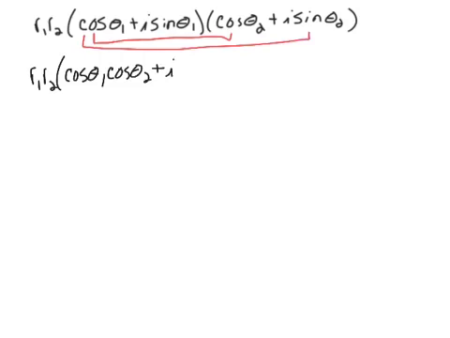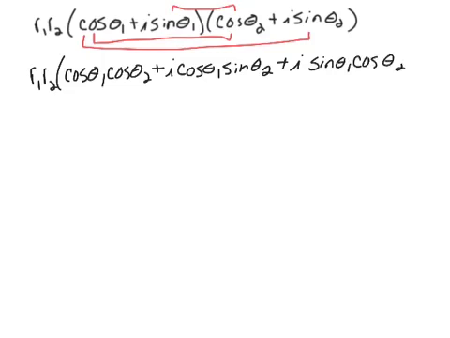So we put the i first, and we say i cosine theta 1, sine of theta 2, then we have i cosine of theta 2, sine of theta 1, or we can say sine of theta 1, cosine of theta 2. And then finally, we have i sine of theta 1 times i sine of theta 2, which means the i's turn into a -1. So it's negative sine of theta 1, sine of theta 2.